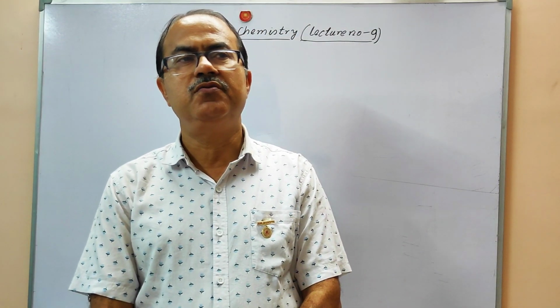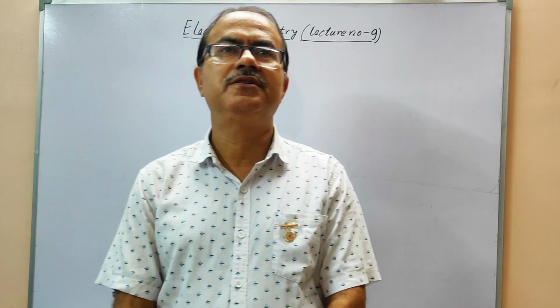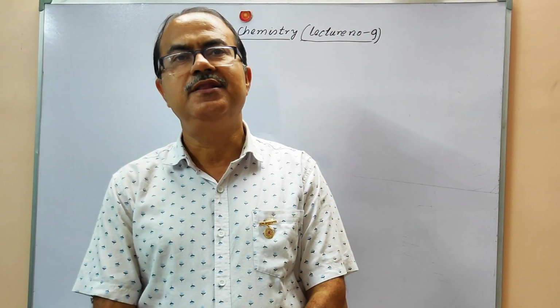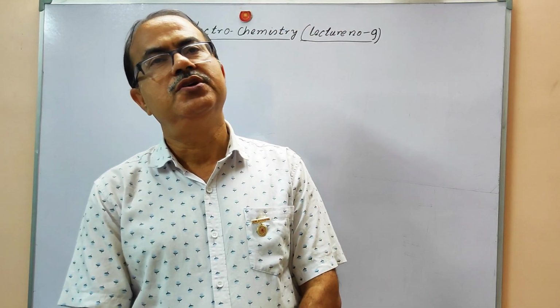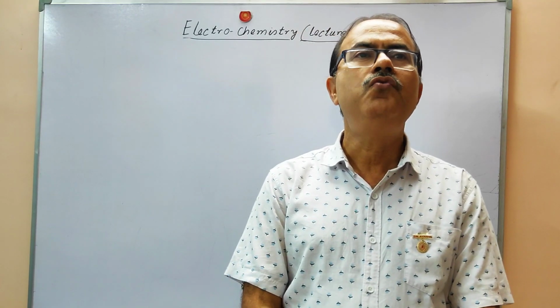In that lecture, we discussed what we are basically going to study in electrochemistry, and in that regard we discussed the most common electrochemical cell, that is the Daniell cell. In the second lecture, we discussed how we can represent an electrochemical cell, and how we can measure the cell potential.